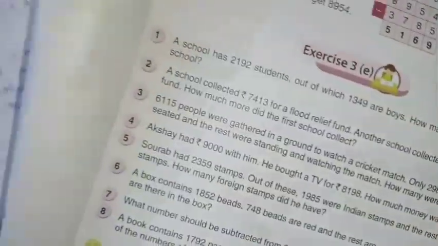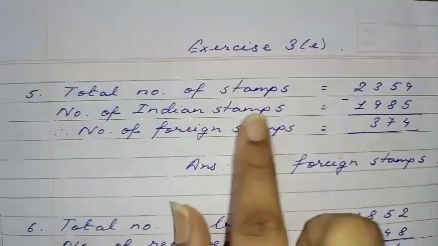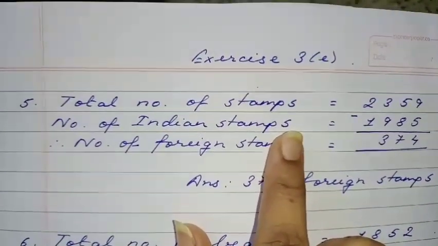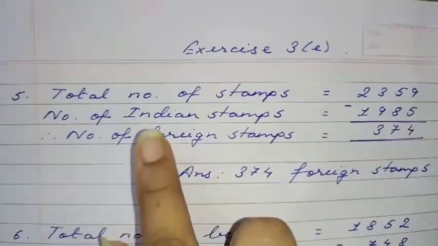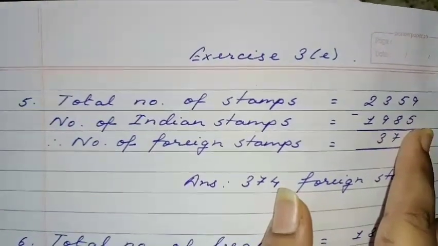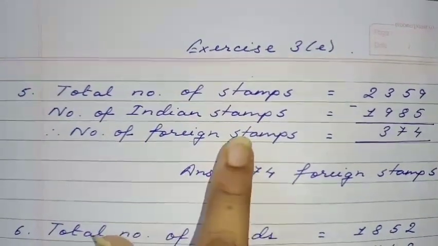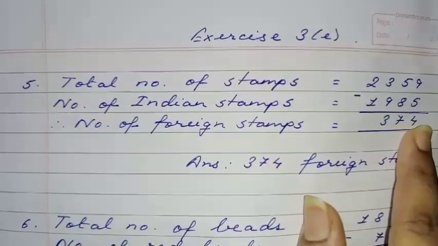Right? So, how will we do it? Total number of stamps. Please make the statements simple and short. Total number of stamps equal to 2359. Number of Indian stamps equal to 1985.